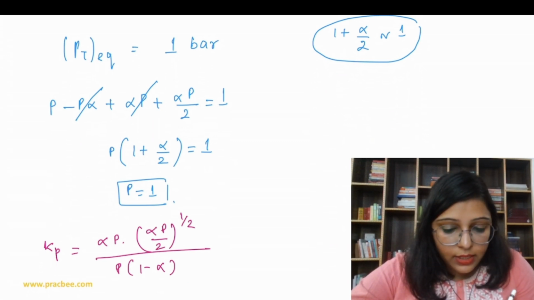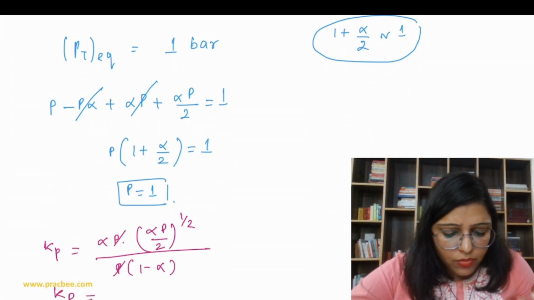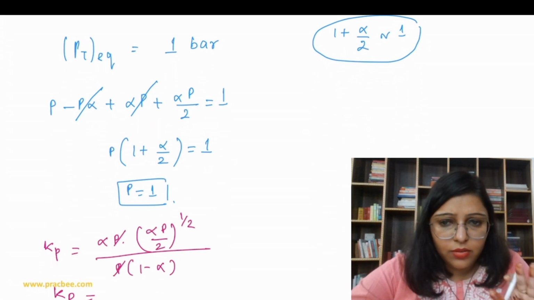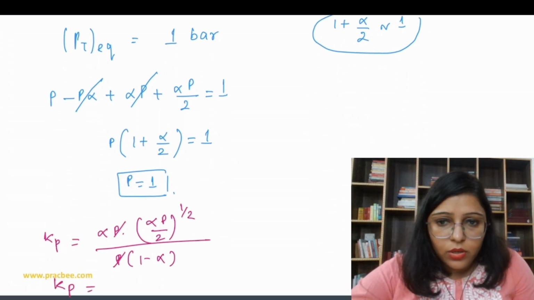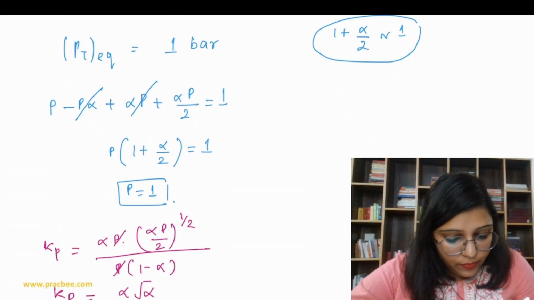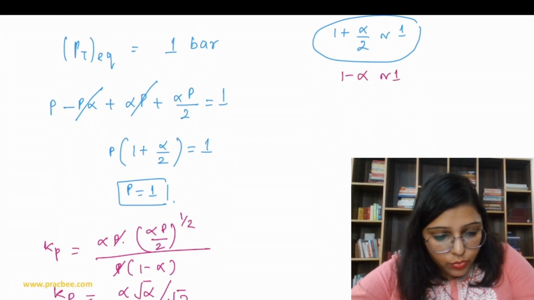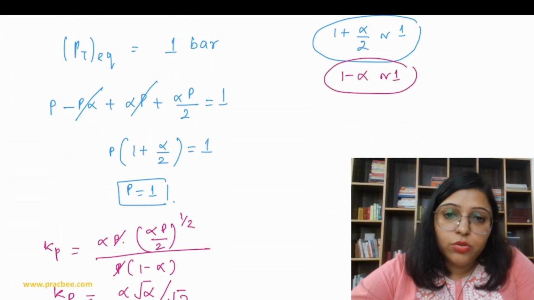So here see what we can do. So Kp is equal to, on solving this term, or pressure है, total pressure है, right? So Kp is equal to, we can write, this is going to be alpha under root alpha divided by under root 2. 1 minus alpha is also equal to 1.